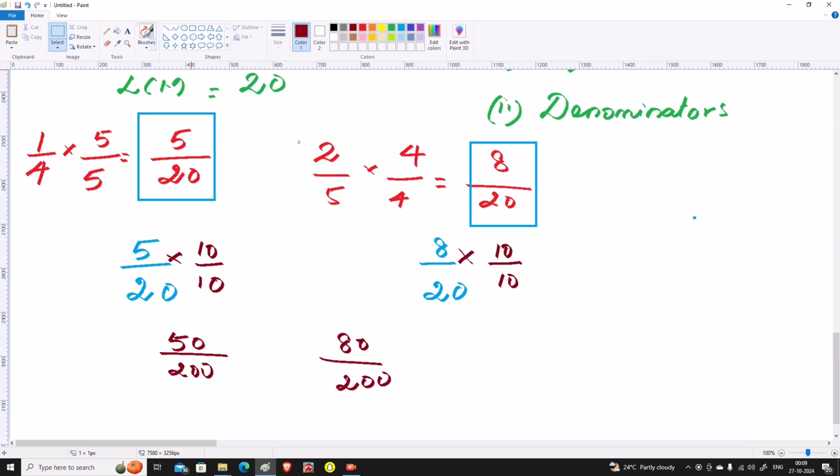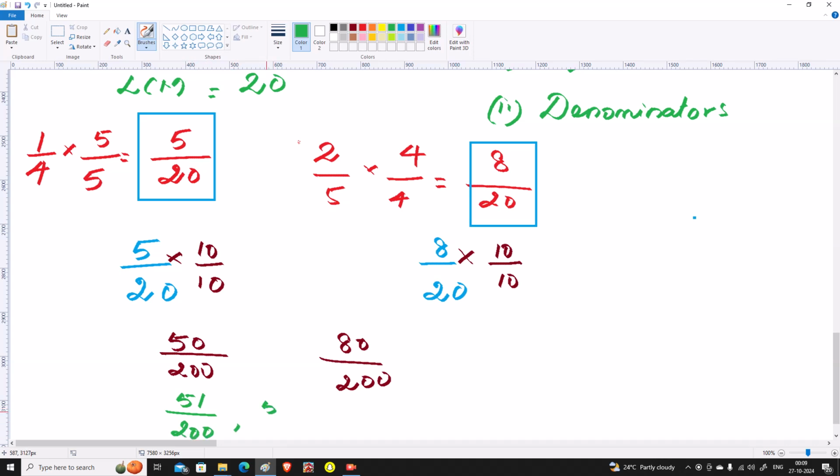Between 50 by 200 and 80 by 200, I can write n number of rational numbers. But only for your better understanding, we are trying to write only 5 numbers. Sorry, the starting number is 50 by 200 and the finishing number is 80 by 200.